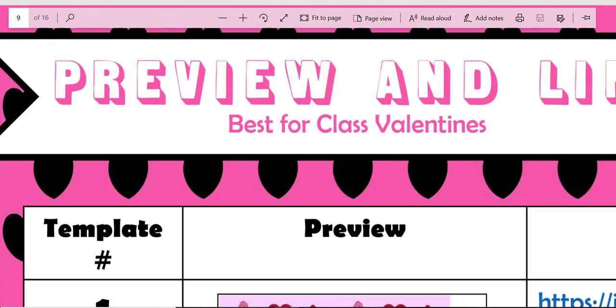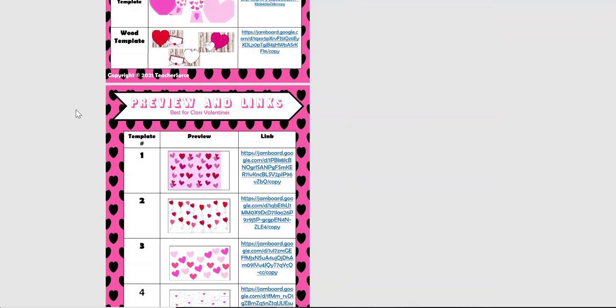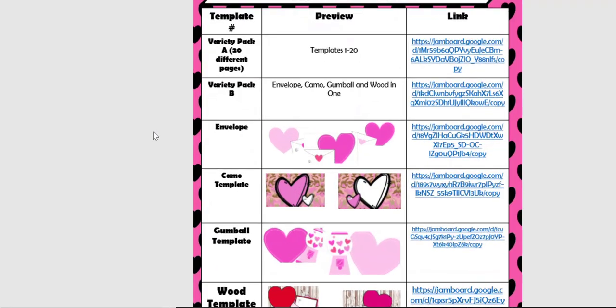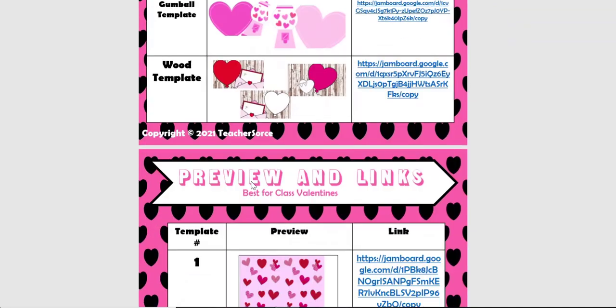The first option was to name the slide, and then each kid has their own Jamboard slide to do a personalized message. Or the other option is you have your whole class represented in just one link, and then each kid has their own page that all the kids respond on. So two pretty decent options, but you're going to see the links and all the pictures of what each of the templates look like.